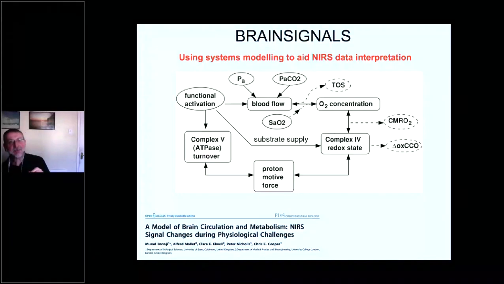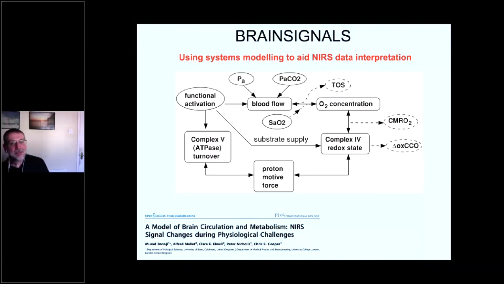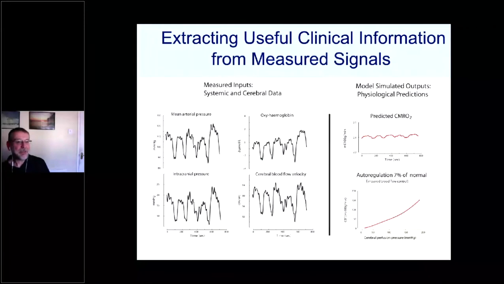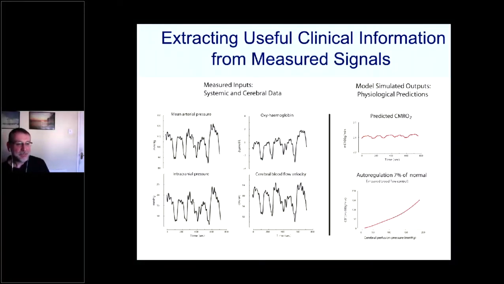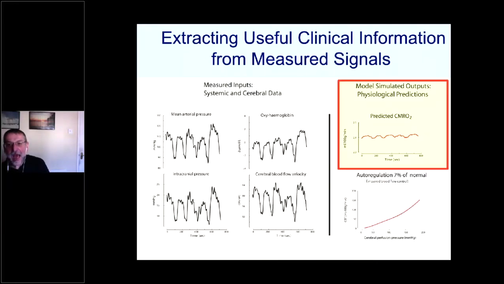So what I'm hoping to do is to develop a systems modeling approach to aid near-infrared data interpretation, which I've done in the brain. I've got a model of brain circulation, and we've used that model to take inputs like arterial pressure, oxyhemoglobin and intracranial pressure, all those parameters, into a complicated model, and out of that comes a predicted CMRO2.